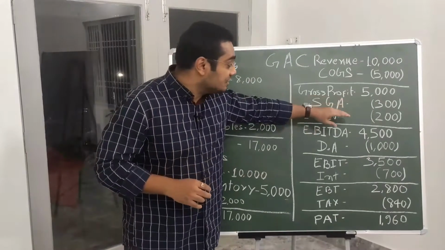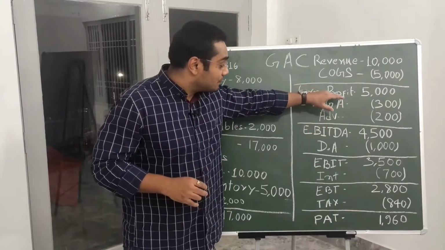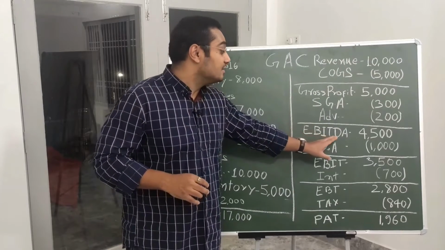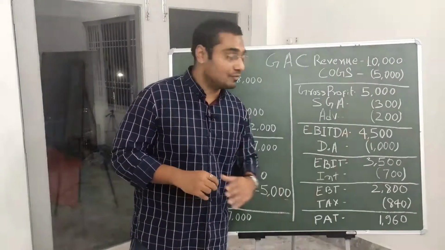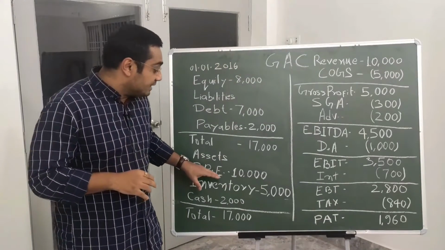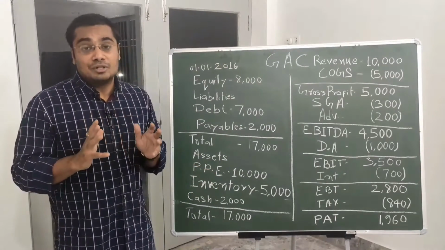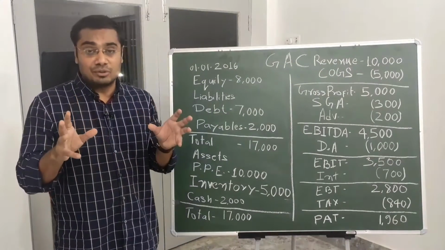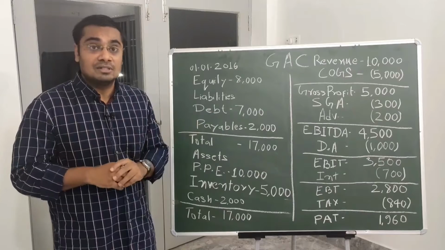So after deducting these two expenses from our gross profit, we get earning before interest, tax, depreciation and amortization, which comes to be 4,500. Friends, our property, plant and equipment which the company has used to convert its raw material into finished goods is not going to remain with the company for lifelong.